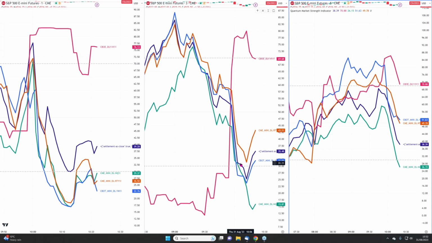On occasion, we're going to paddle our canoe or boat in the opposite direction against the flow, which is absolutely fine, provided we know that that's the case, because the risk will be greater simply by virtue of the fact that if we are trading against broad market sentiment, there is always the possibility that the index or stock or ETF, whatever it is we're trading, may reverse quite sharply and join the river.